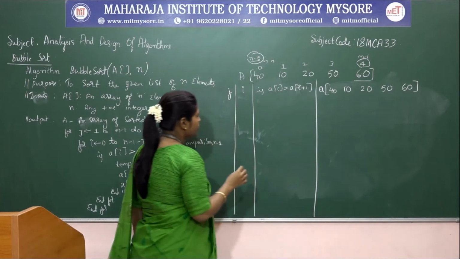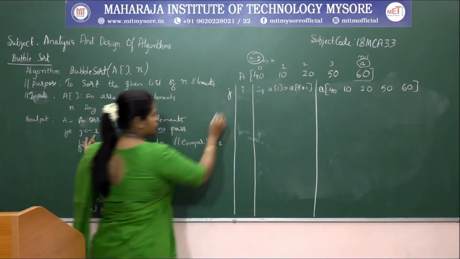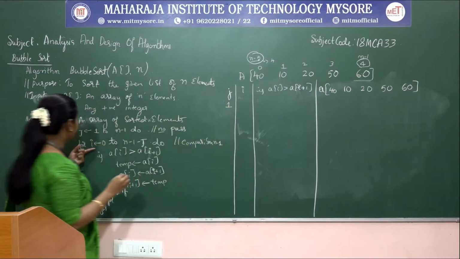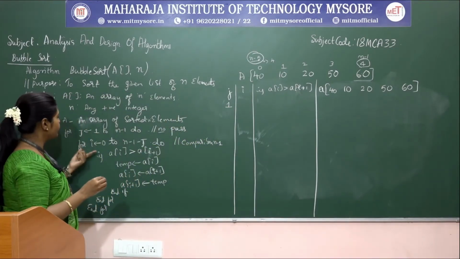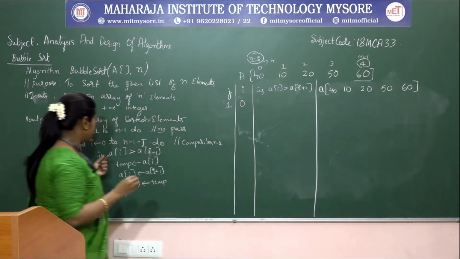Okay. Now j starts with 1, and i is 0. The 0th position we have started.